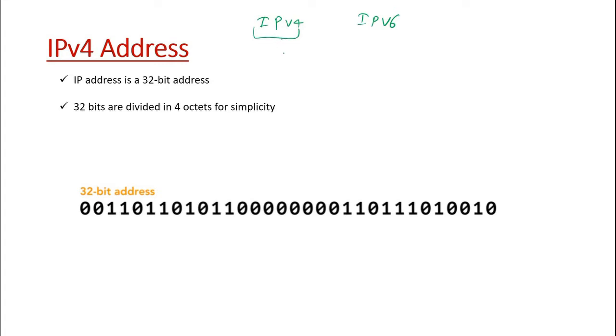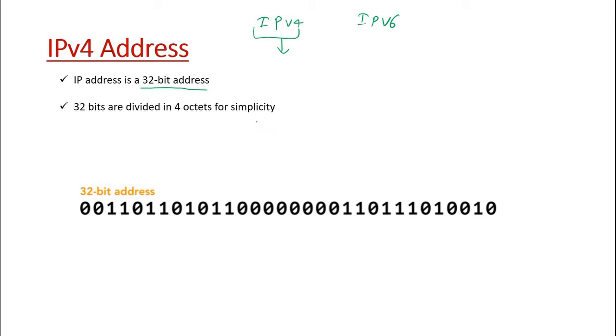An IPv4 address is a 32-bit address. If you count these bits, 1, 2, 3, 4, 5, 6, 7, and so on, you will have a total of 32 bits. Obviously it is very difficult to remember these IP addresses or look at these bits.